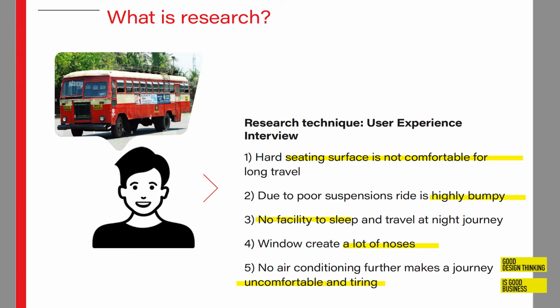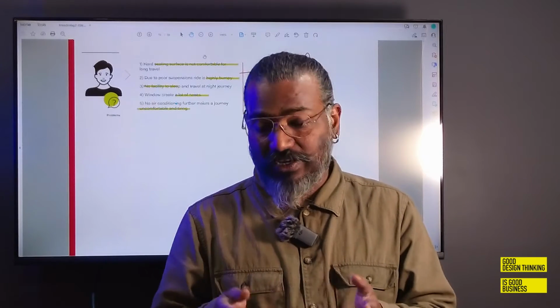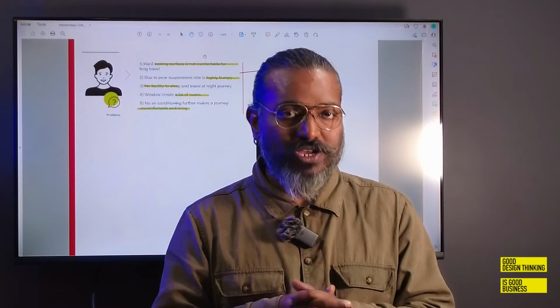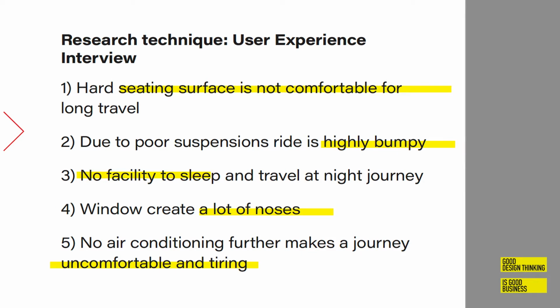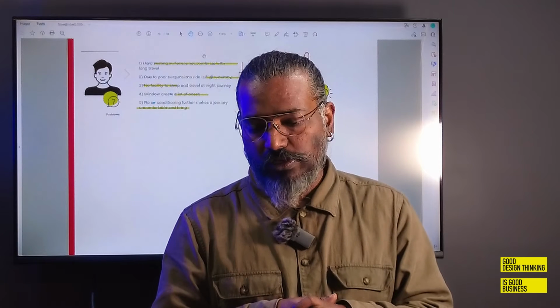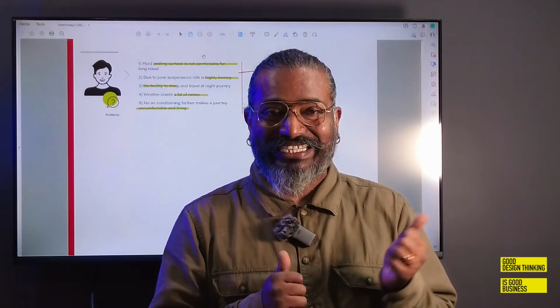So in this example, when we interviewed this passenger, he gave his concern areas. He said the hard seating surface is not comfortable for long travel. Due to poor suspension, the ride is highly bumpy, and there is no facility to sleep.